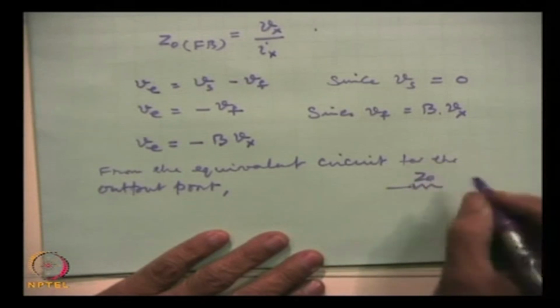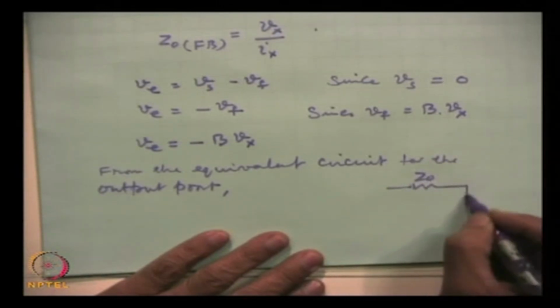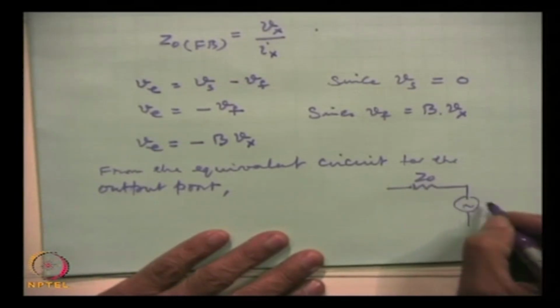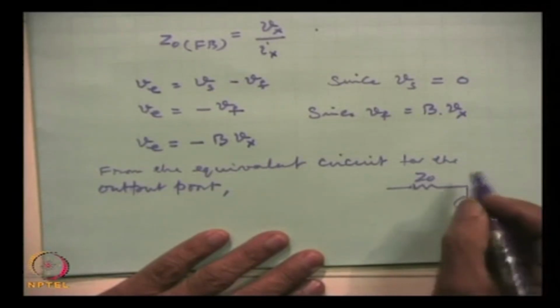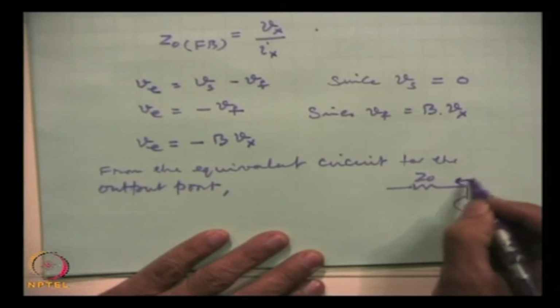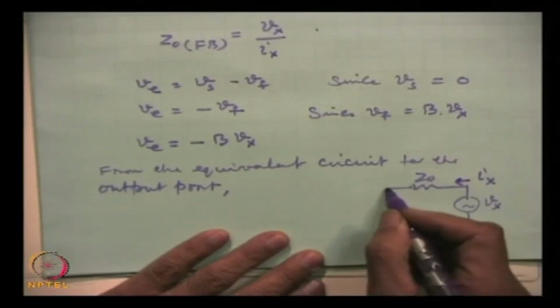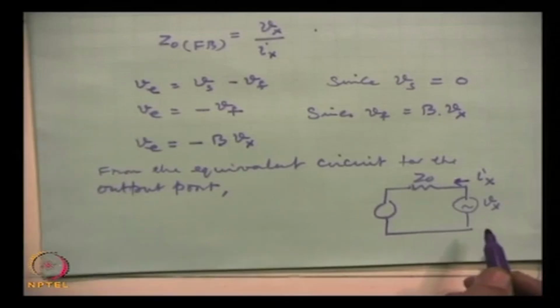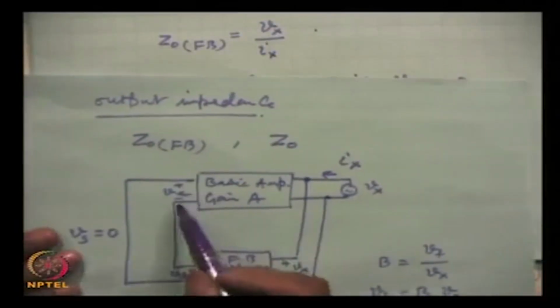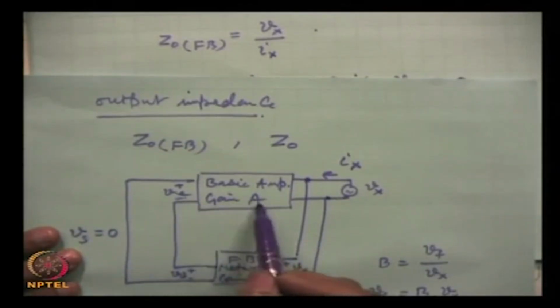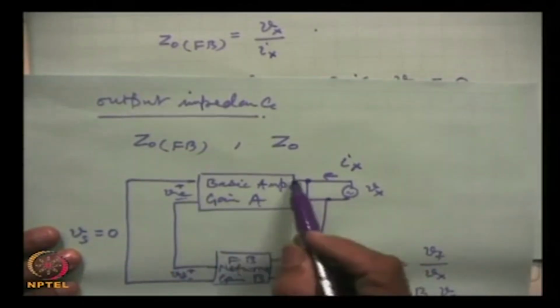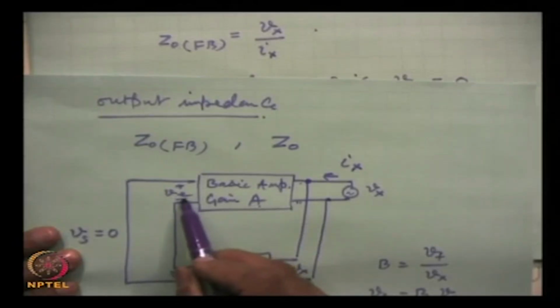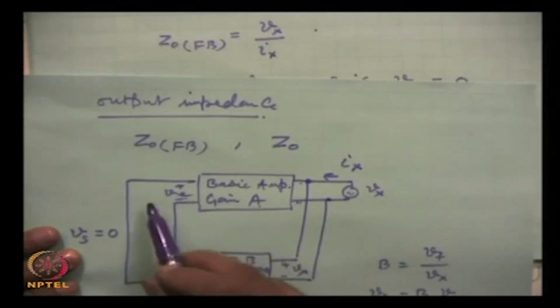This is the impedance Z 0, and here we have connected V x, which has sent current I x, and here is another voltage source. This signal is amplified A times. So, what is the voltage here? V e into A, since it is amplified A times.